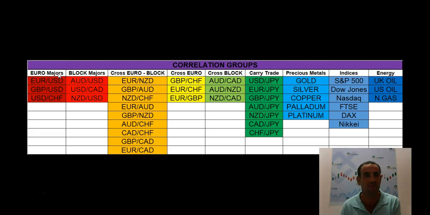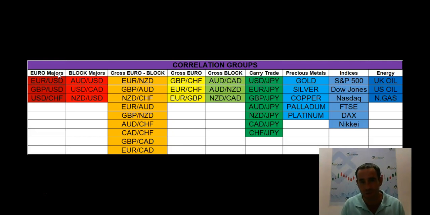Their economy is heavily reliant on commodities, and it's naturally becoming a group in itself. We're talking about the Australian dollar relying on precious metals, Canadian dollar relying on oil, and the New Zealand dollar relying on agriculture. And they tend to have high correlation between them.